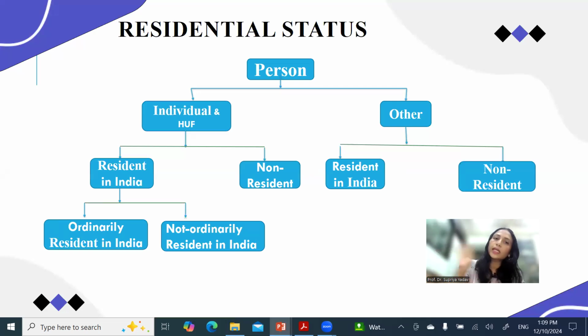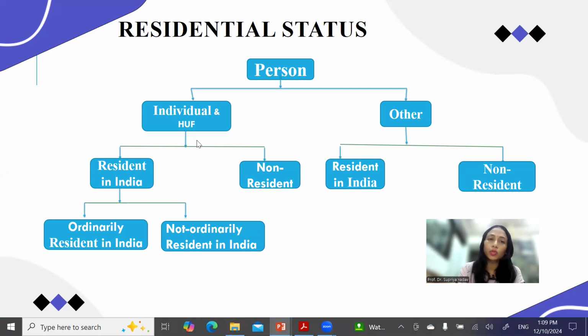All these are classified again in two types: individual and HUF, and others. The individual and HUF are again classified for residential status as resident in India and non-resident in India. And for others, others means what is left: BOI, AOP, companies, artificial judicial persons. All these are again differentiated as resident in India and non-resident of India.